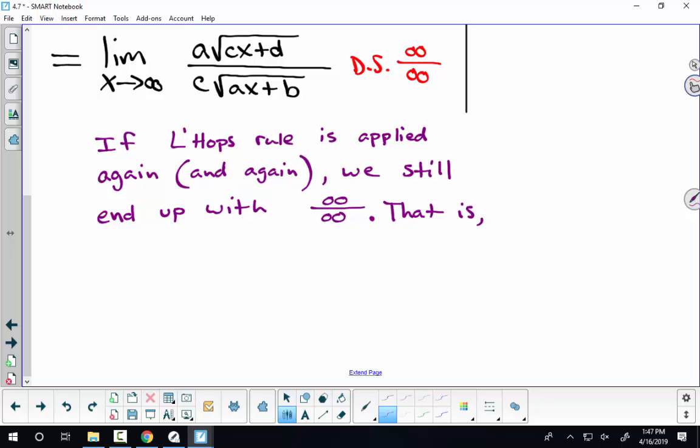That is, L'Hopital's rule does not help us here.